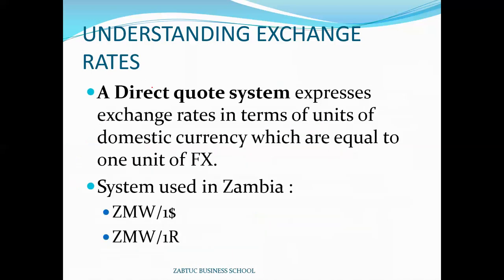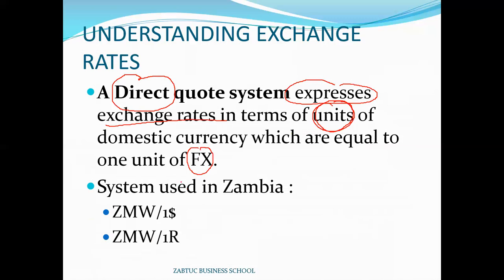Now let's come to probably a more important slide. We need to understand the difference between a direct and indirect quotation. A direct quotation system is a system which expresses the exchange rates in terms of units of domestic currency which are equal to 1 unit of foreign currency.